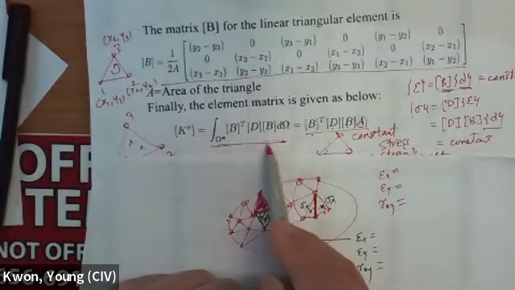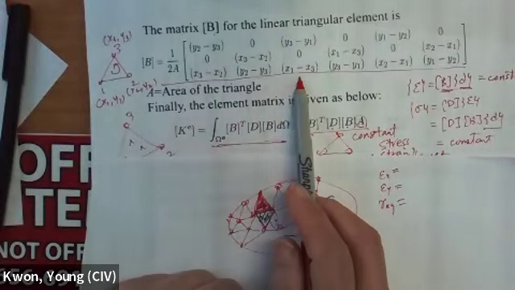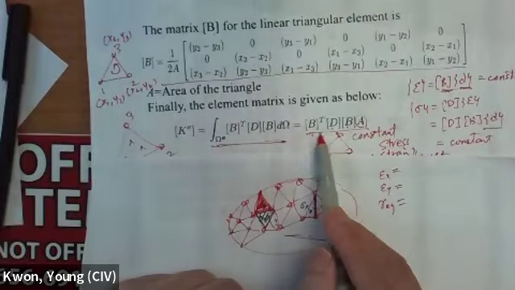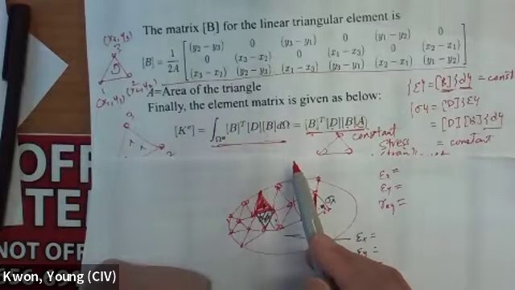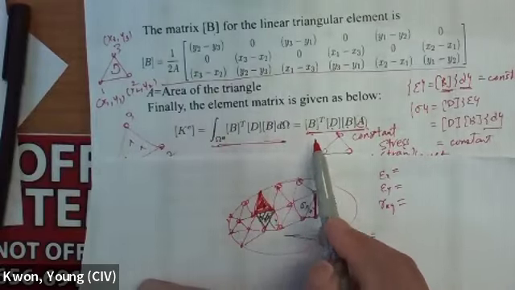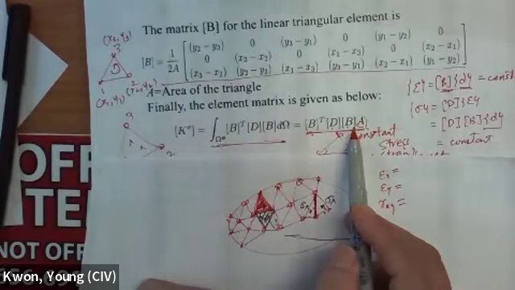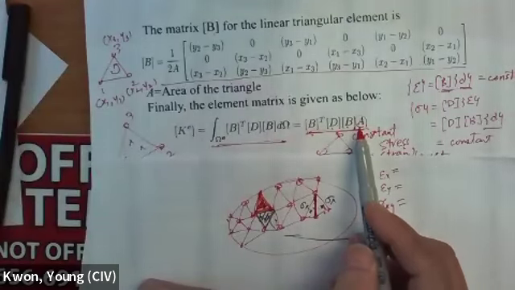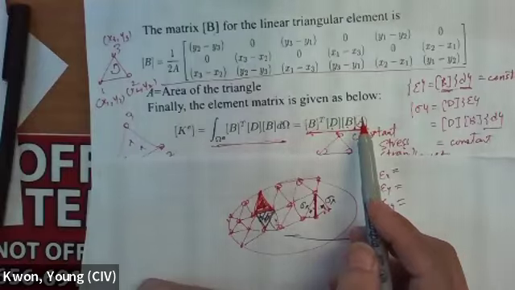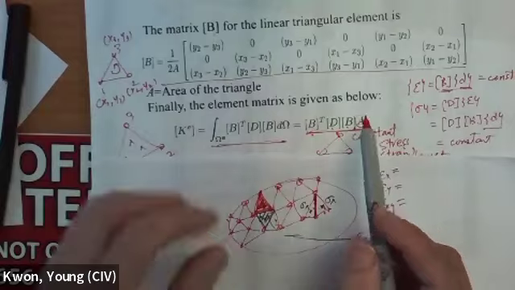So you don't have to carry out any integration in x and y because this is a constant matrix. That's why this element was developed as the first continuum element in 1960. You don't have to worry about integration anymore. Make sense?